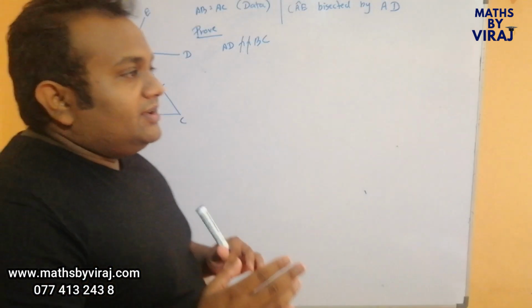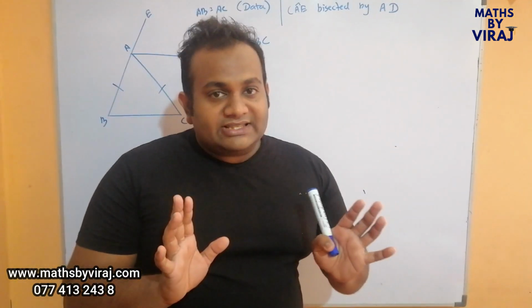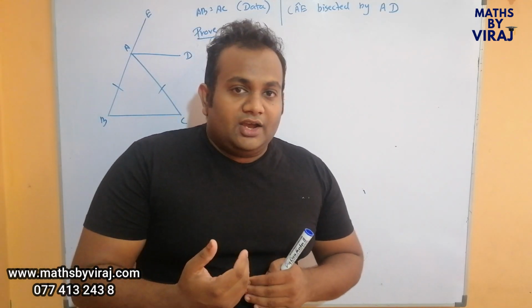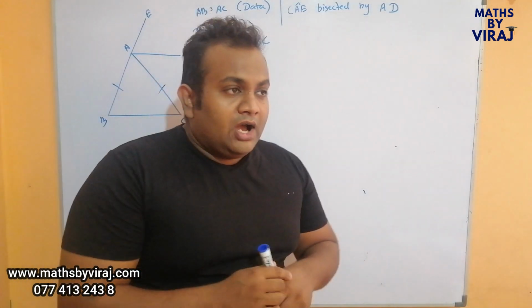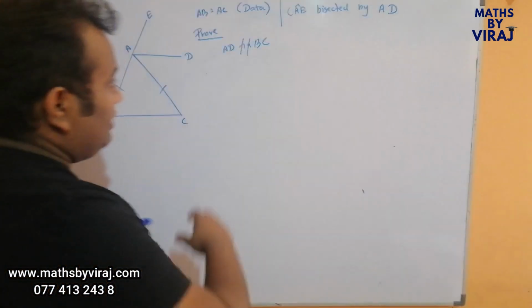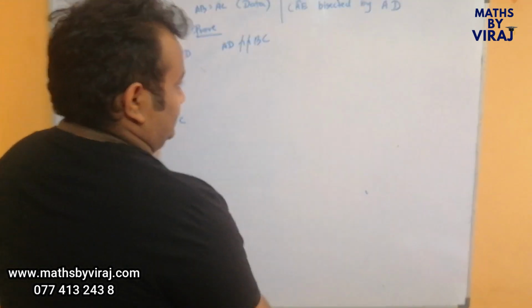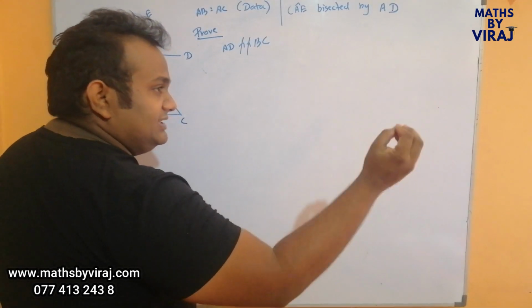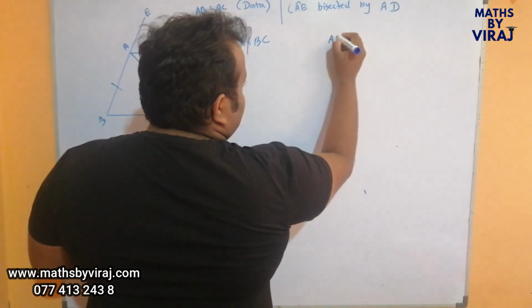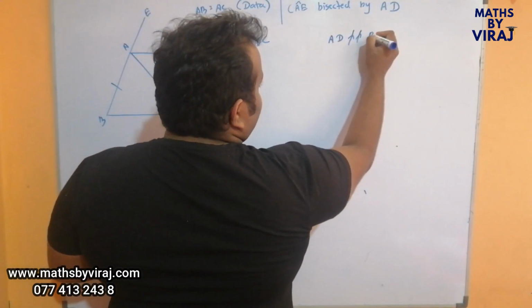Now, children, doing maths is easy, but trying to understand the method or the steps of doing it is the tricky part. Right. Now, we'll try to understand what if. Understand, this is not the proof. What if side AD is parallel to side BC?